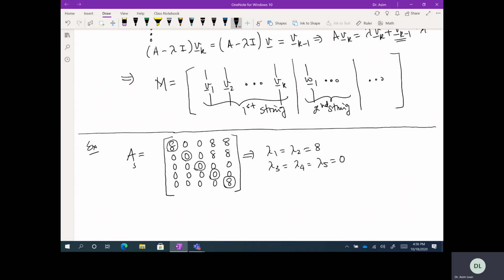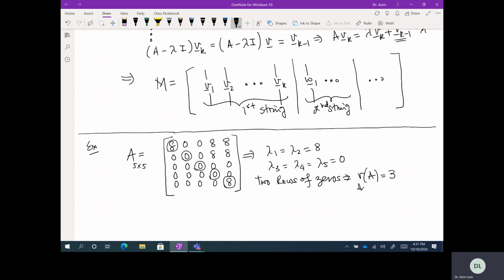So this is a 5 by 5 matrix, and I can see the rank. There are two zero rows, so two rows of zeros. So this implies the rank of A equals 3, right? It's 1, 2, 3. Rank of A equals 3.